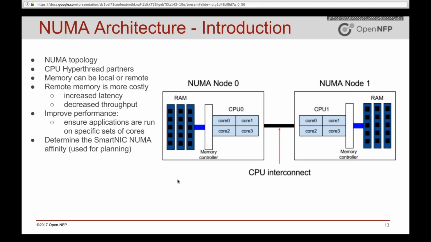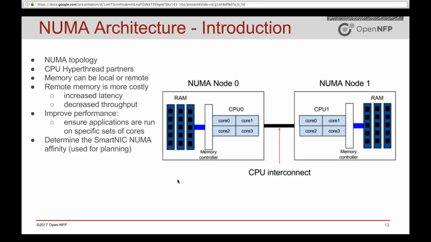We'll also see that when you run an application with affinity to a CPU that's on a different NUMA node, so the memory is being used on NUMA node 0, for example, and the processing is used on node 1, there's an increase in latency and also a great degradation in throughput. From a lot of high performance tests that we've run, we've seen anything from 30% to a 50% drop in throughput just by allocating an application incorrectly or on the wrong NUMA node.